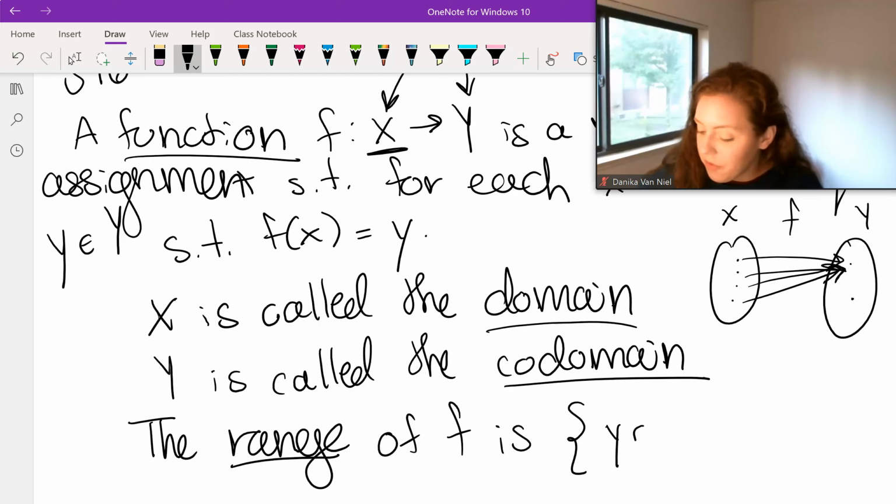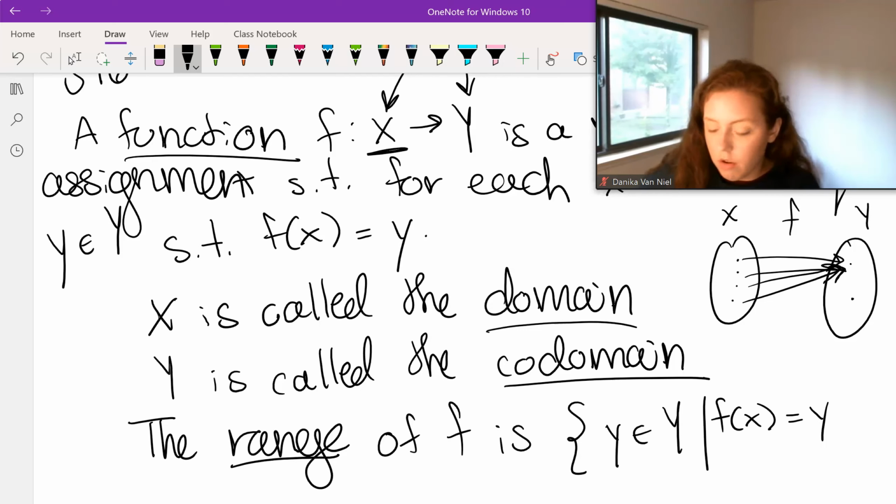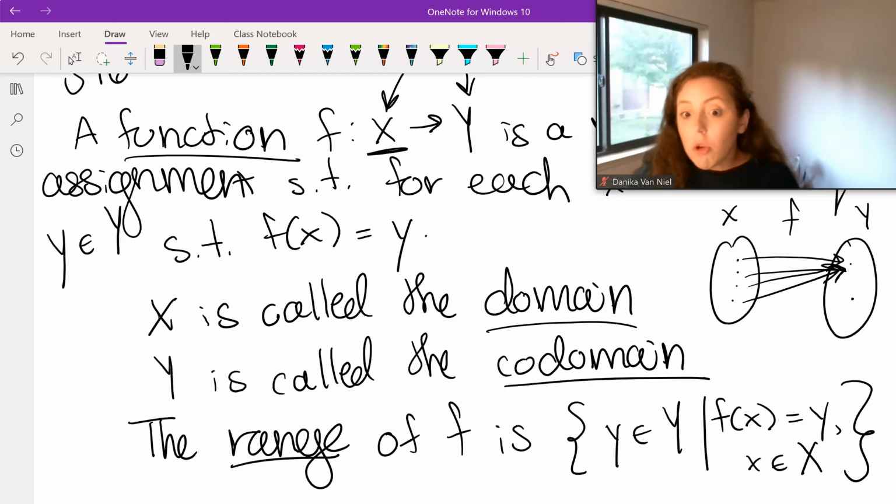It is all the elements in y such that f of x equals y for some x in our domain. Basically that means all the elements in y that f actually hits. So the range is a subset of the codomain. Sometimes it's a strict subset, sometimes they're equal.